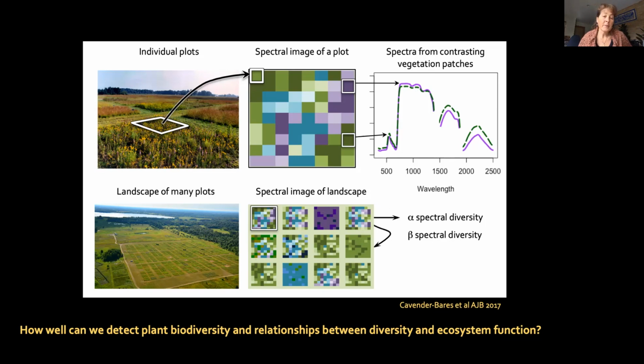And so one thing we were trying to do is see if we could detect plant diversity from airborne platforms.